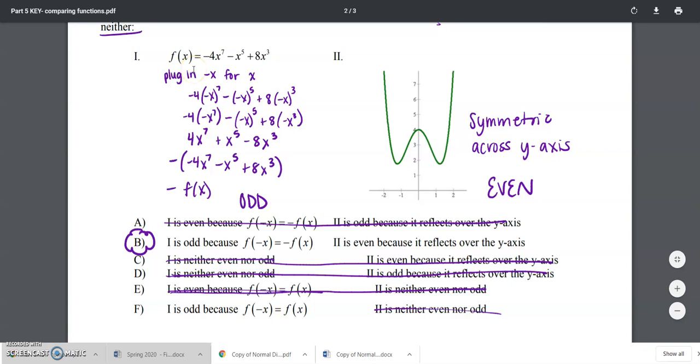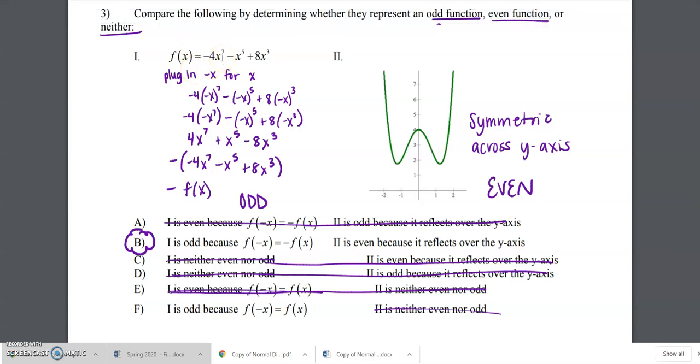Function 1 is given to you in equation form, so you have to be a little more mindful as you approach this. The rule for an odd function is that f of negative x has to be equal to negative f of x. You don't need numbers to do this. As the rule states, everywhere you see an x, replace that x with negative x.